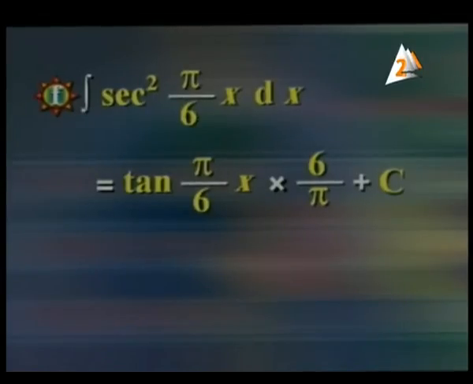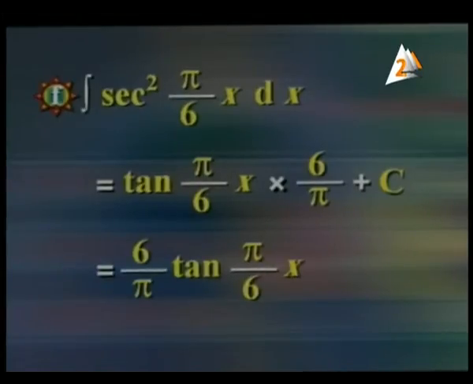Remember, dear student, the integration of sec squared pi over 6 x dx equals tan pi over 6 x times what? 6 over pi plus c. The answer is 6 over pi tan pi over 6 x plus c, the constant of integration.